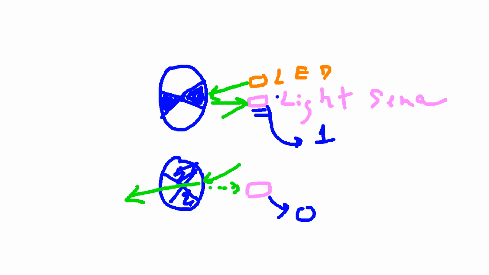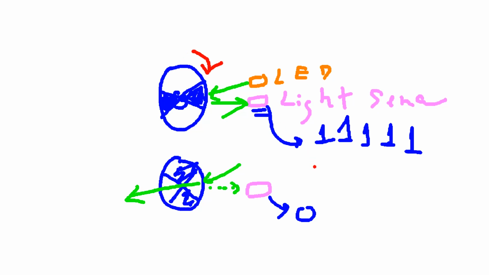Based on this setting, what happens if this plate stays still, doesn't move? That means the output from the sensor may be a constant 1. But if this plate rotates, what happens?